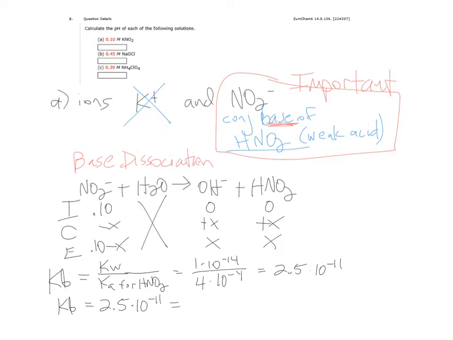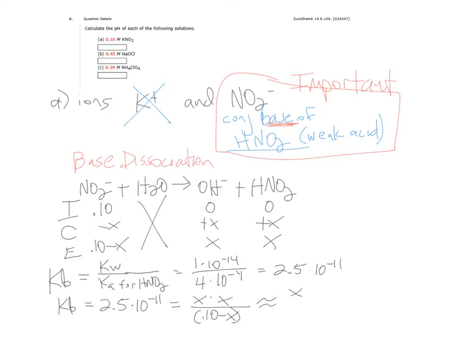And we've got our ice table. Product concentrations are X and X, and the reactant concentration is 0.1 minus X. So it's product concentrations over reactant concentration. We're certainly okay to make the mathematical assumption in this case because of the size of the K value. It's really, really small at 10 to the negative 11th.